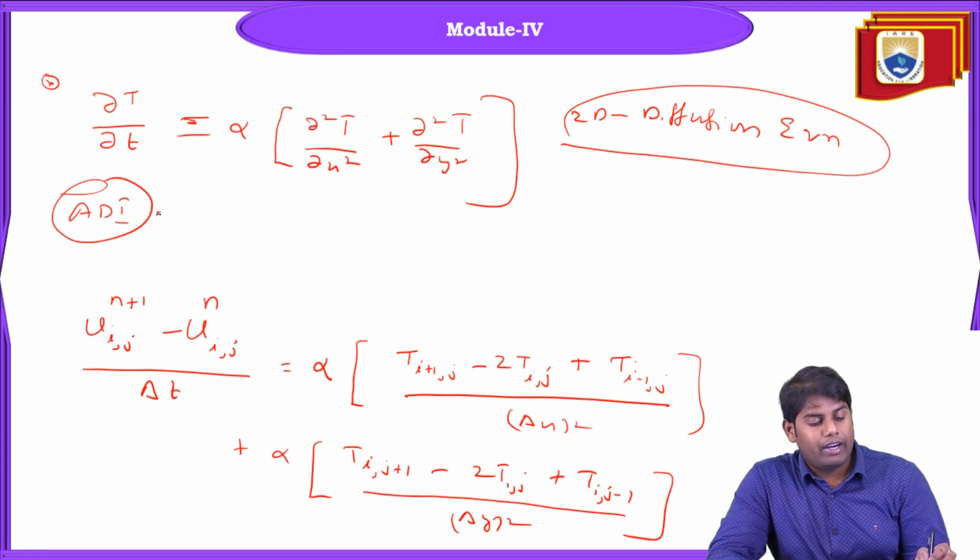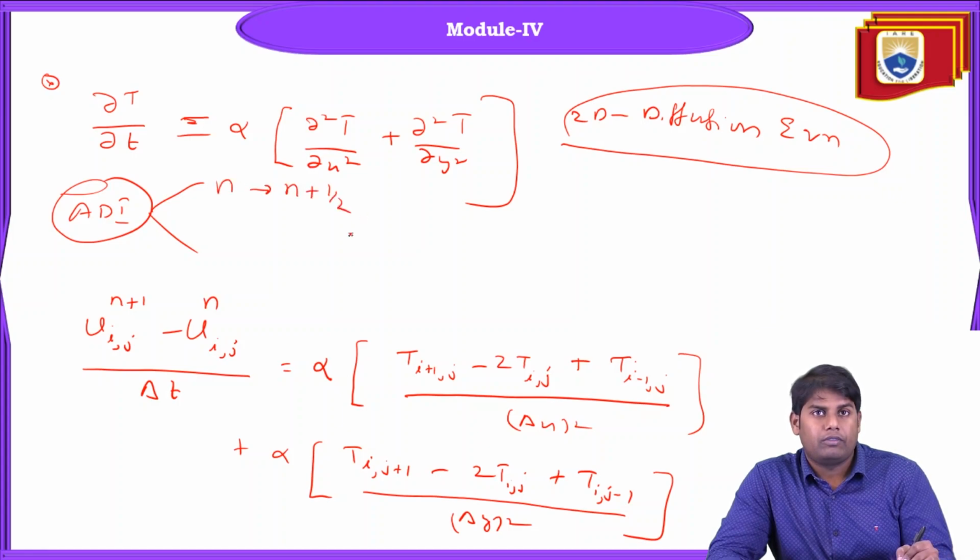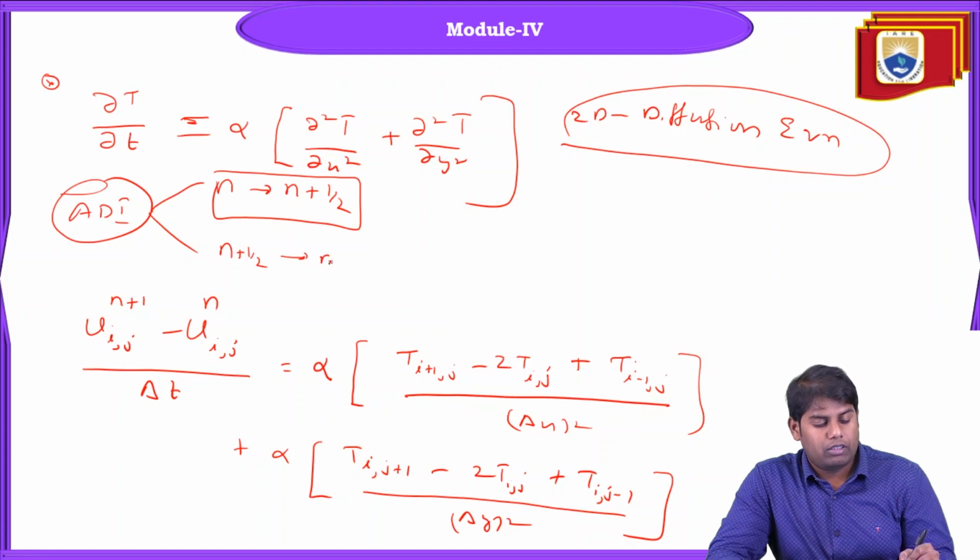So ADI will divide the time step into two zones. One will be n to n plus half, in between n and n plus half. The other one is from n plus half to n plus 1. Okay. So these are the two zones.